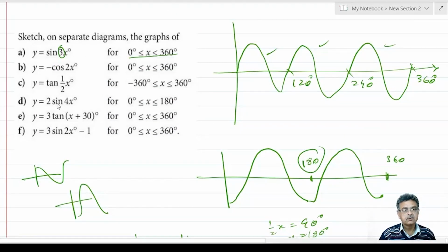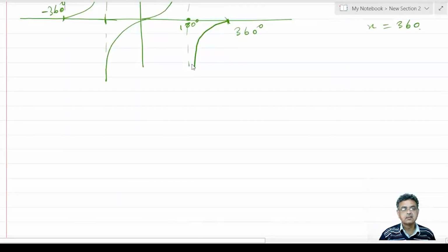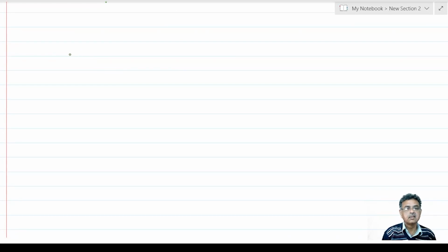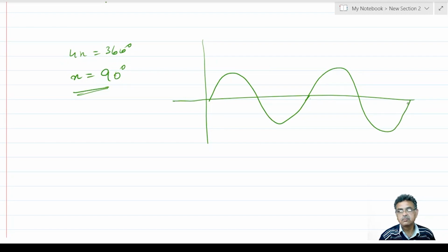Okay, 2 sine 4x, that means 0 to 180 degrees. If 4x equal to 360 degrees, x is equal to 90 degrees. One cycle has to be completed in 90 degrees, but now the domain is till 180 degrees, so we will draw the graph in the similar way, 1 and 2, because we have to finish it by 180 degrees.